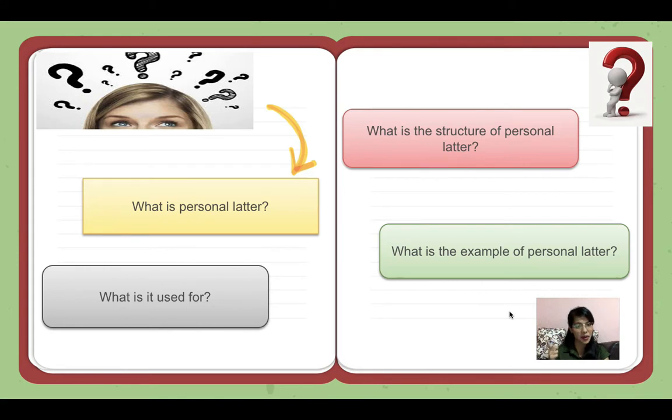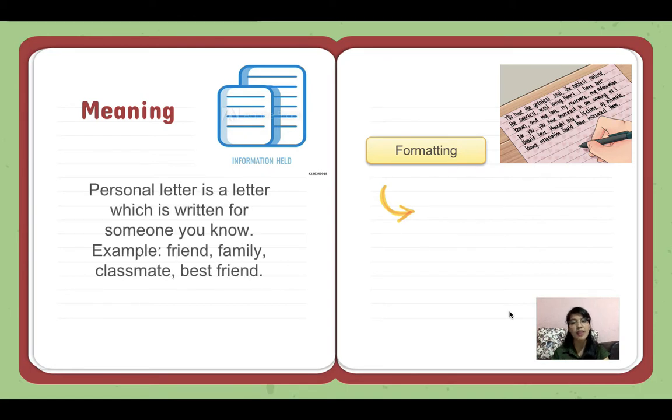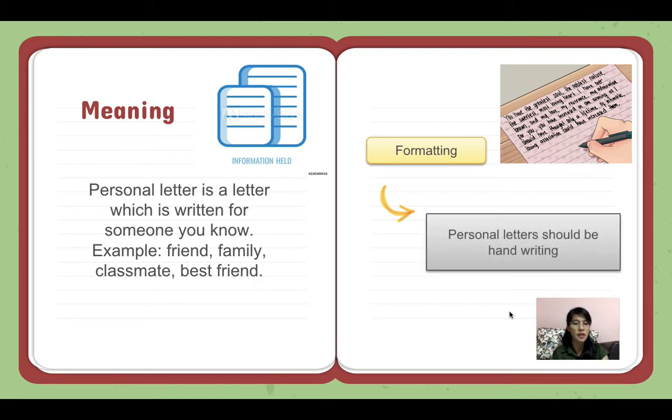So here we go. Let's see the meaning of a personal letter. It is a letter written for someone you know, for example a friend, family, classmate, or best friend. For formatting, personal letters should be handwritten. Not typed on your laptop, printed, and sent to your friends.